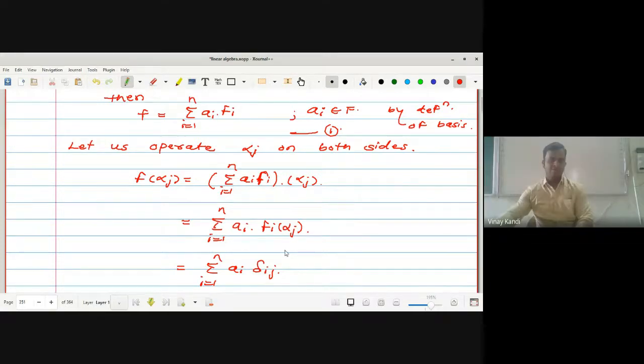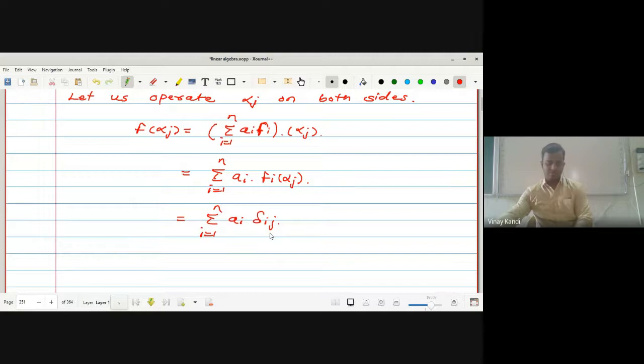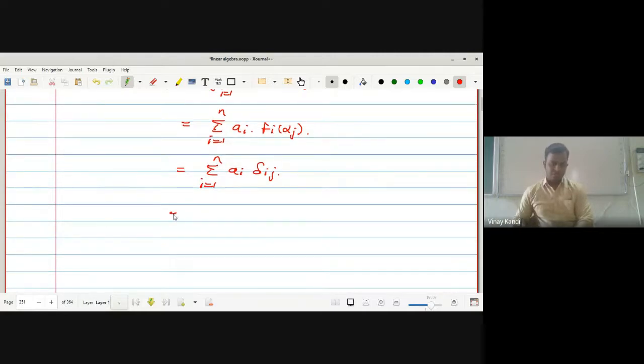fi of alpha j, that is the Kronecker delta ij, which is equal to, now run i from 1 to n. So this is a1 delta 1j plus a2 delta 2j plus, up to so on, aj delta jj, plus up to so on, an delta nj.